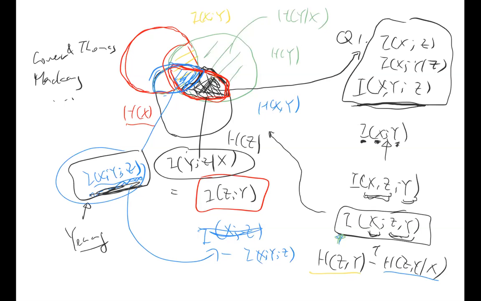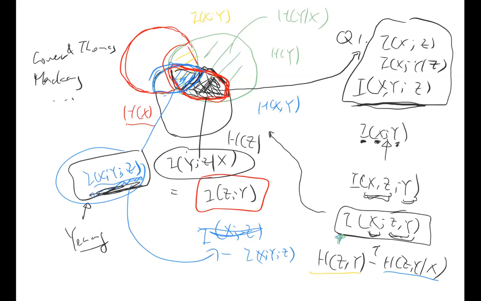You can of course define that as this region on the Venn diagram here, but people don't like to define that. One reason is that it is kind of misleading. Whenever we talk about mutual information, it's the amount of information shared among variables.